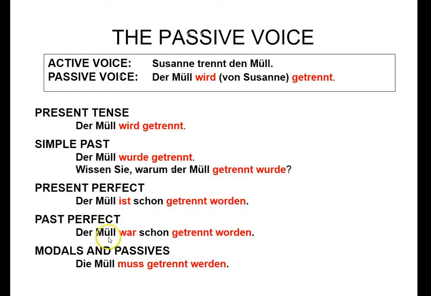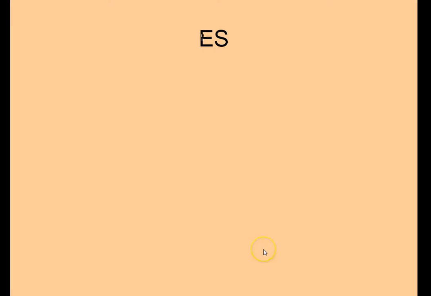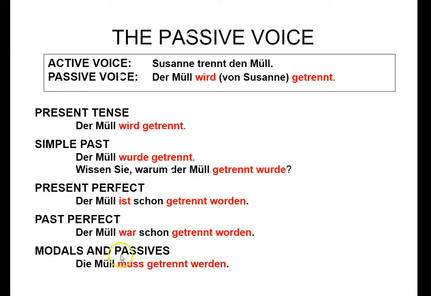Past perfect, der Müll war schon getrennt worden. So maybe you notice what's happening here. Present, past, worden, similar to werden. And then with modals, both present or past, the modal is conjugated, muss getrennt werden. And if you wanted modal past, it would be musste getrennt werden.